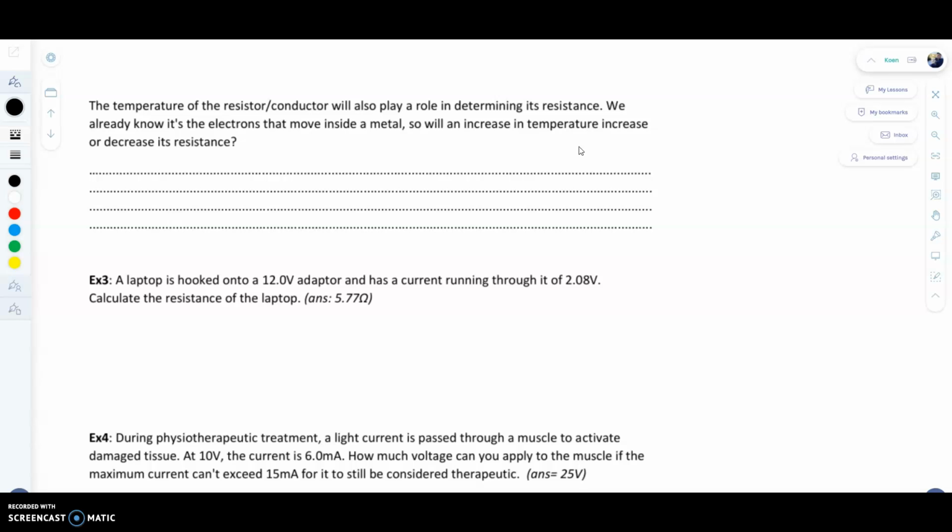Imagine how much more difficult it would be to do an obstruction track if those obstructions are moving around quickly. If you increase the temperature of a metal, those positive cores are going to be vibrating faster and faster, meaning it will be more difficult for your electrons to pass through.